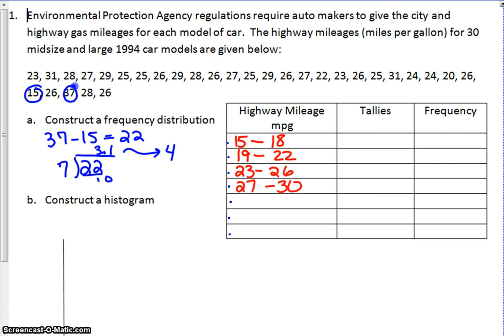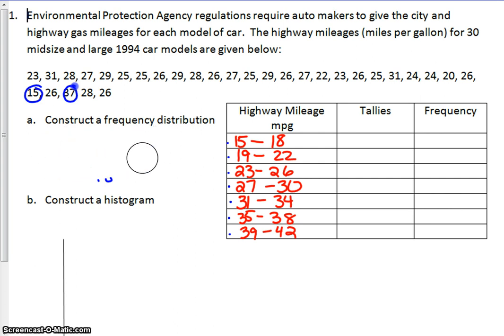Each time, I am adding 3 because it is representing 4 numbers. Then 31 to 34, 35 to 38, and finally 39 to 42. You're going to find there are actually no values here, but we need to have those all represented.